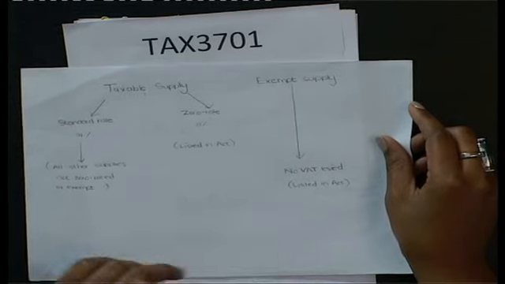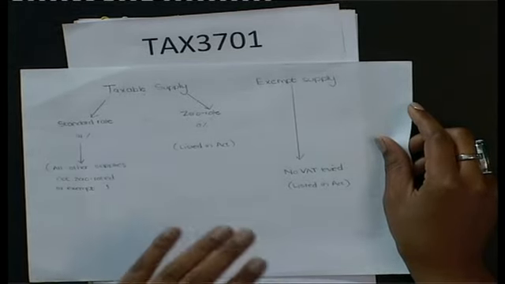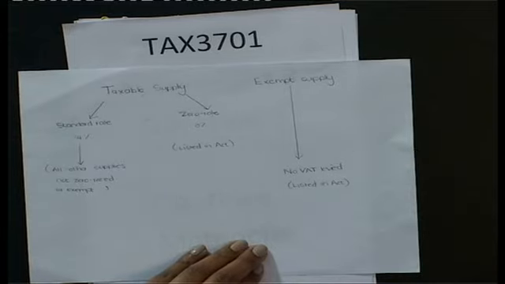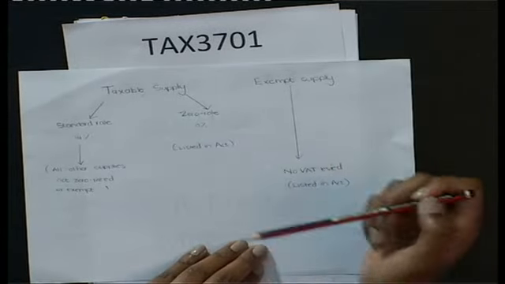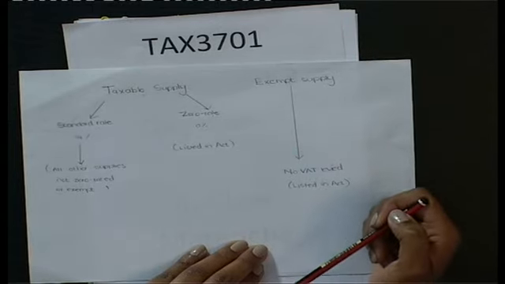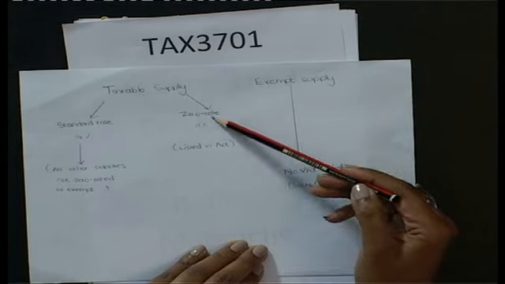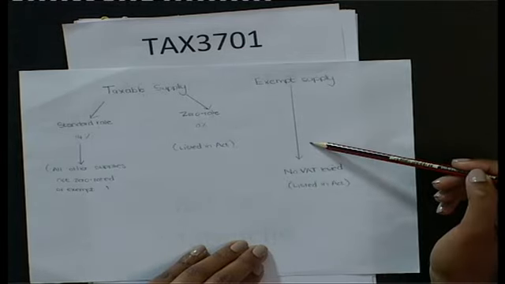Now, as per the VAT Act, there are two types of supplies. It's a taxable supply and the exempt supply. A taxable supply can either be taxed at a standard rate of 14% or at a zero rate of 0%. The Act specifically lists the zero-rated supplies as well as the exempt supply.